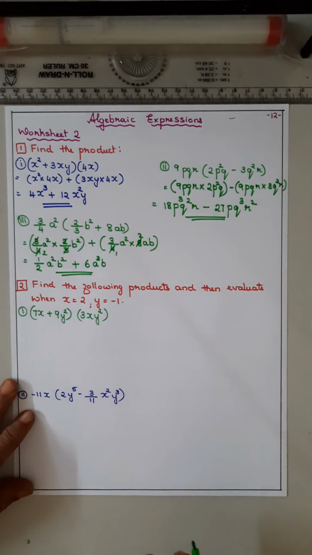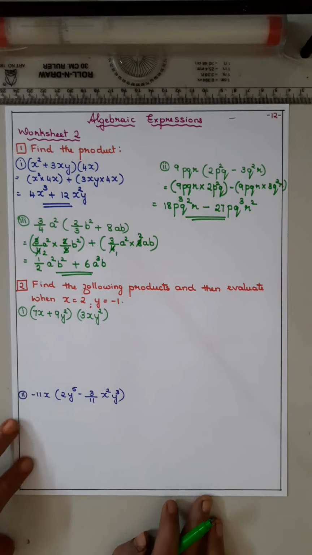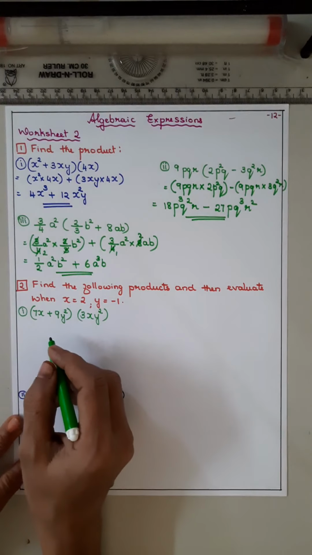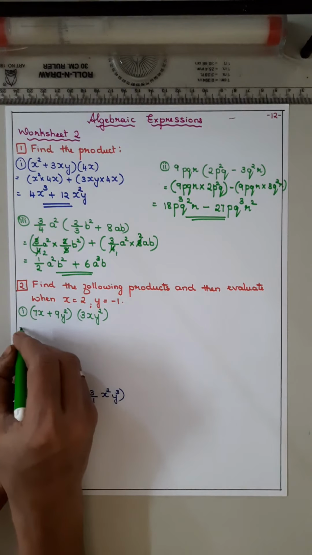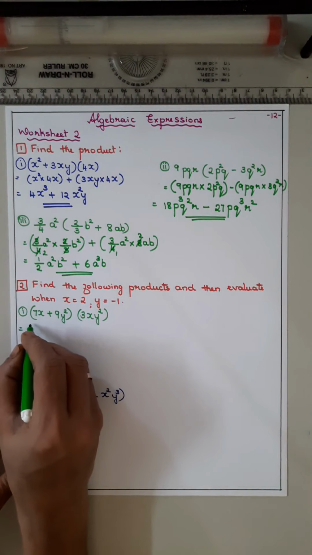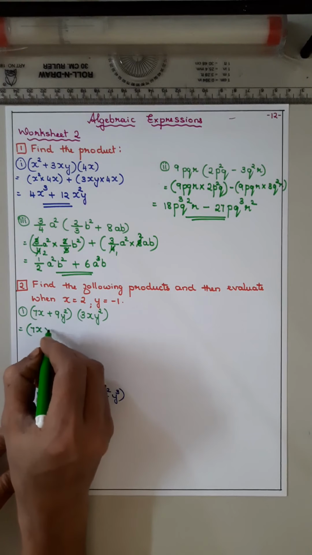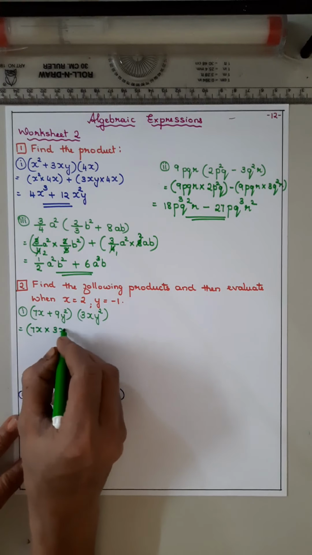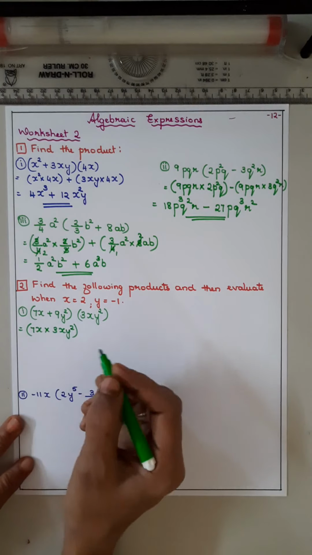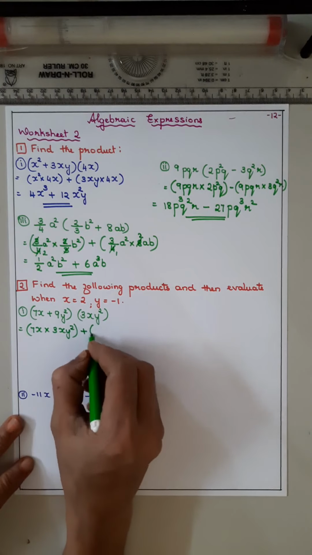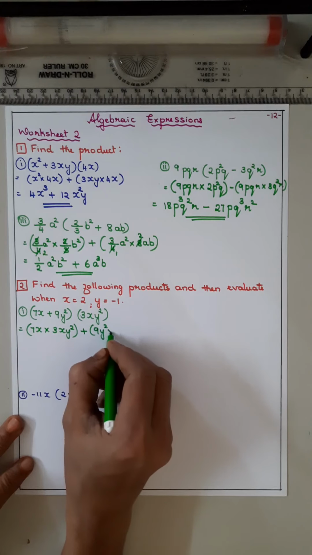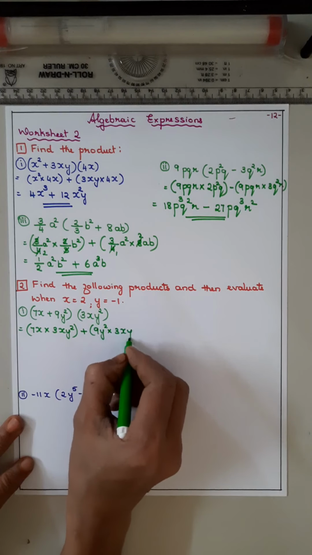So you have understood how to multiply. Now find the product and then evaluate. Evaluate means find the value. So first you multiply. So it will be bracket open 7x into 3xy squared bracket close plus 9y squared into 3xy squared.